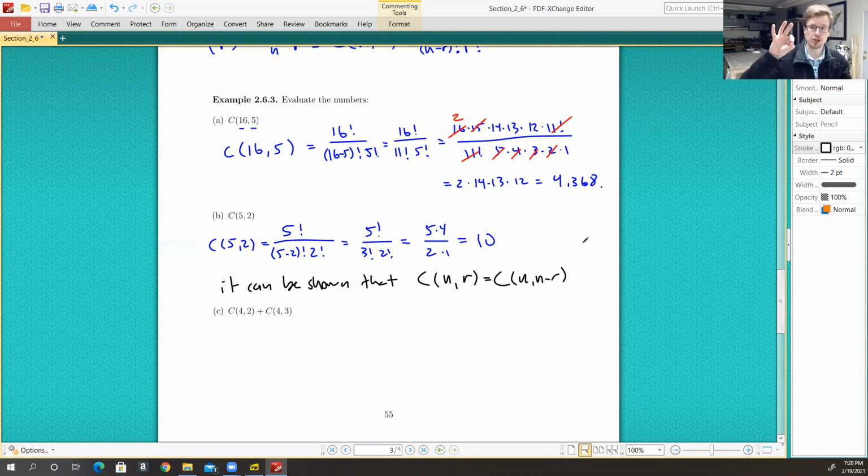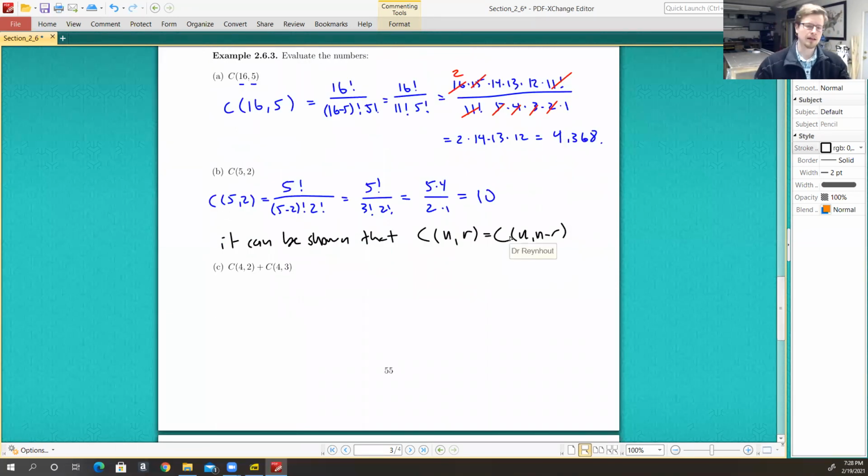So if I include 2 things, then I'm not including 3 things. So choosing 2 is the same thing as choosing 3 in terms of counting. Okay. If I have 10 things and I choose 4 of them, that's the same thing as choosing 6 of them, in terms of counting, 4 and 6.